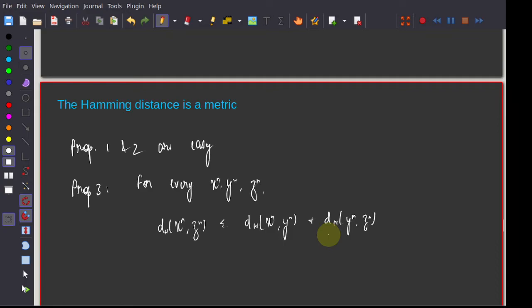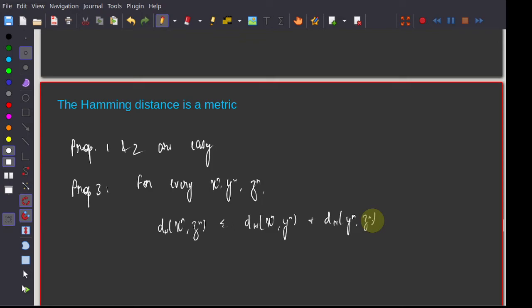Basically, if I give you 3 sequences of the same length, then the number of locations in which xn and zn differ is always going to be less than or equal to the number of locations in which xn and yn differ, plus the number of locations in which yn and zn differ. That's the statement that we're trying to prove.